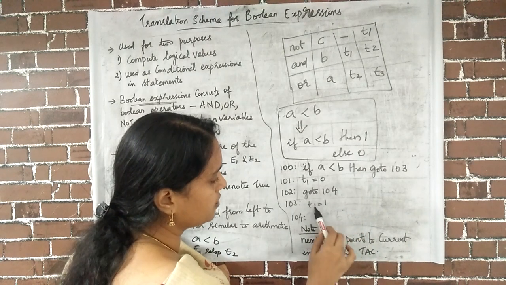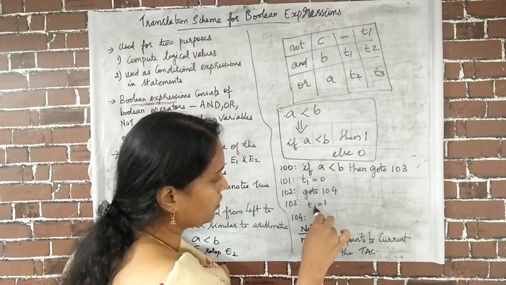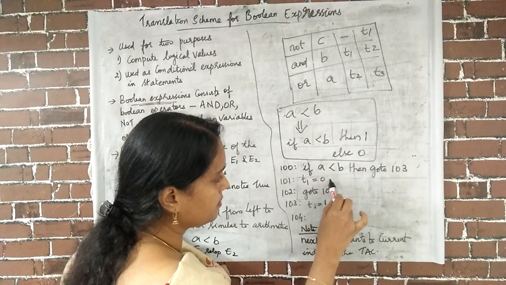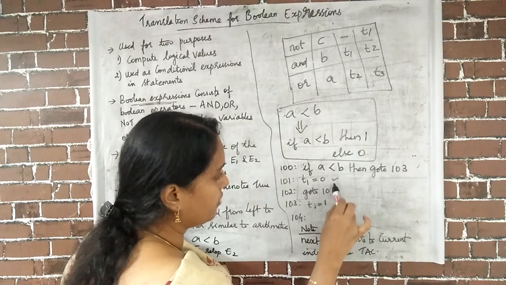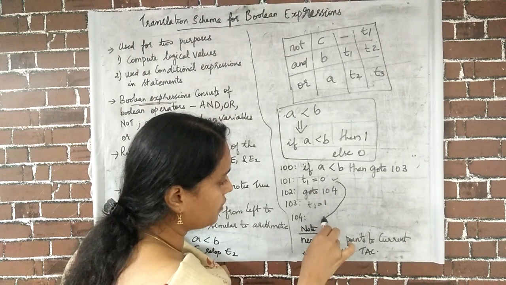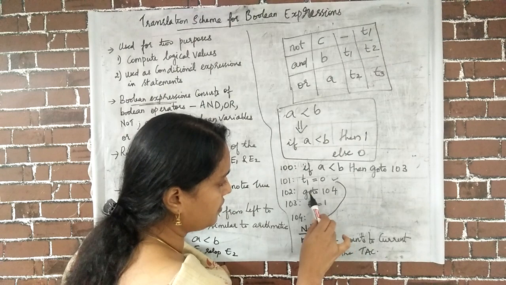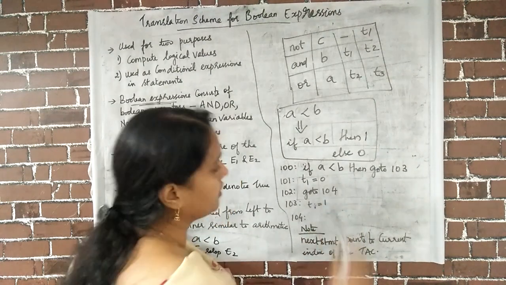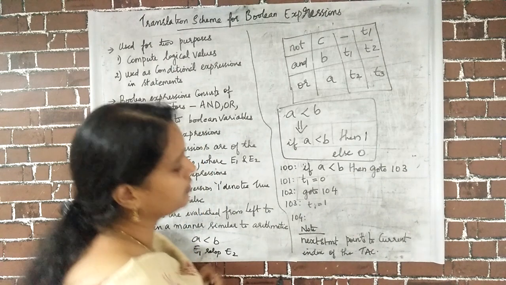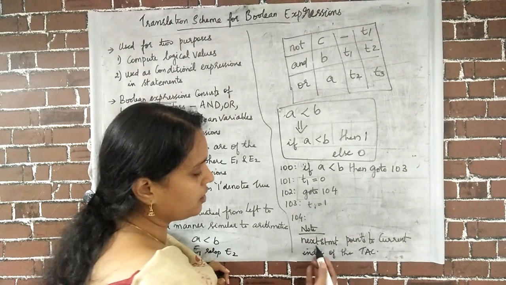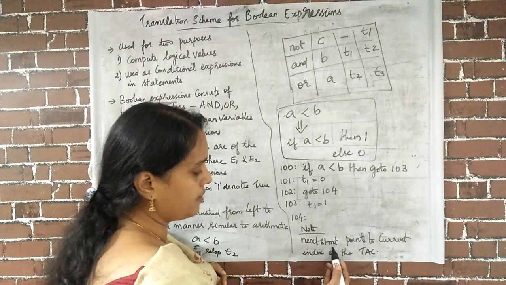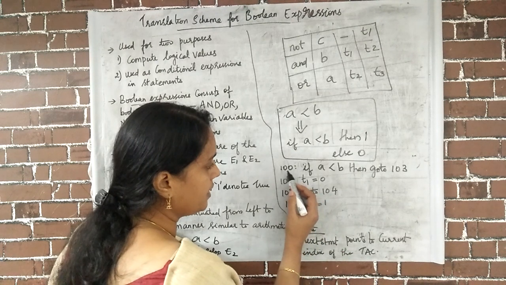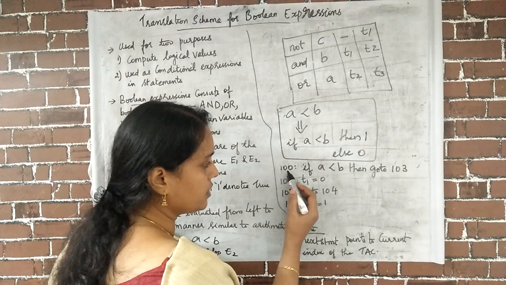Why? Because this is the condition for true. Now if the condition is false, it will execute this, and after that it should execute whatever is remaining after this. That is why we have given go to 104. In short, the current index of the three address code is represented using a pointer known as next statement. Initially, next statement will point to location 100.